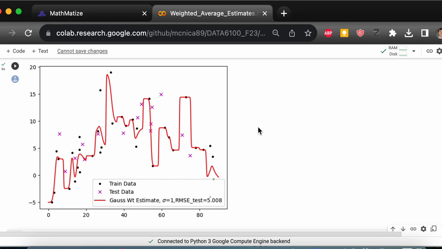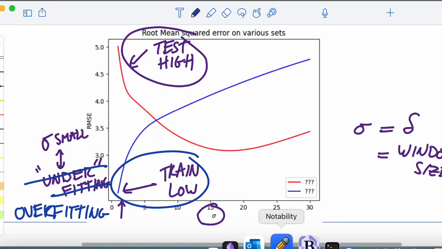Super low training error. But look, we kind of overdid it with fitting the training set. We fit the training set so well that it cost us not fitting the test set. And that is the idea of overfitting. So it's not underfitting here, it's overfitting. And this is, I think, where the name comes from: you've overdone it on the training set.